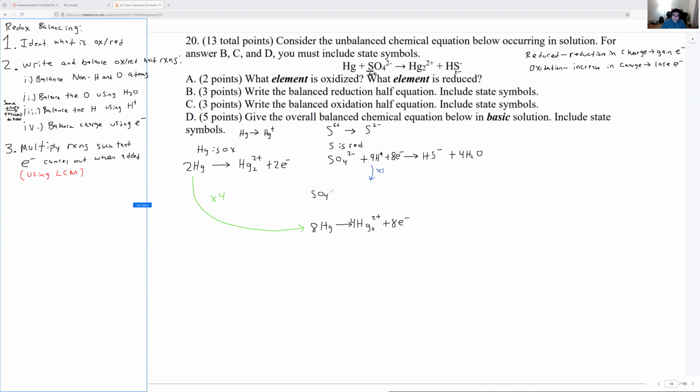I want these closer. I don't like that. Oh, I should have just kept it. I'm gonna just move the arrows over in a sec, because it looks like the 8 electrons are in the same spot, but they're not.